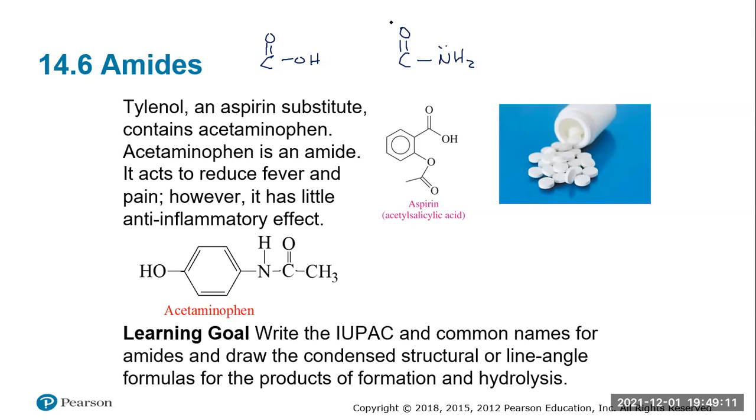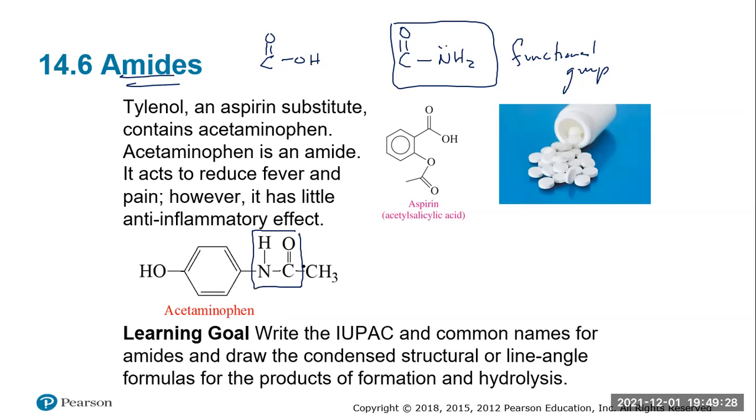So they have this carbon-oxygen double bond with a nitrogen-containing group, and that is our functional group for our amides. For example, here that group is right there. And again, our carbon-oxygen double bond with our nitrogen and hydrogen in this case, and that's Tylenol. It contains acetaminophen. And here it has an amide group that's attached there.